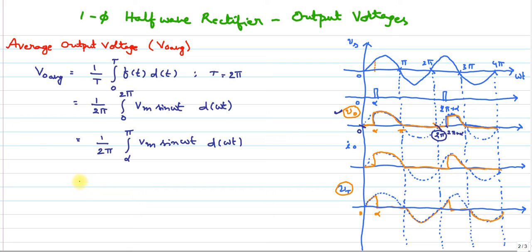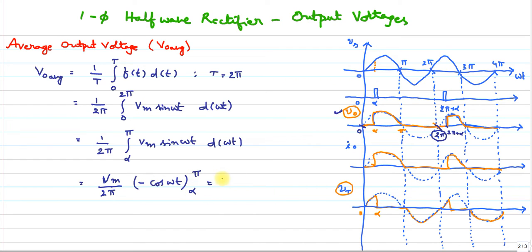This is equal to 1 by 2 pi. Vm is a constant, so I can take it out of the integration, and the integration of sin omega t is minus cos omega t, with limits from alpha to pi.